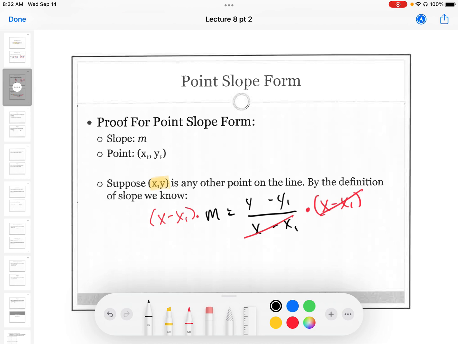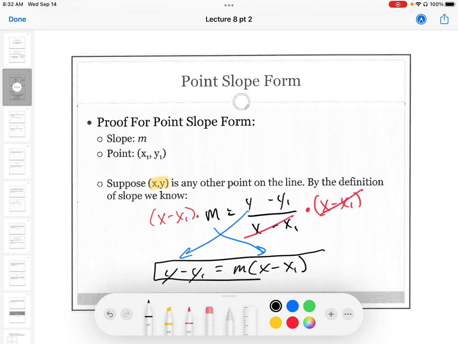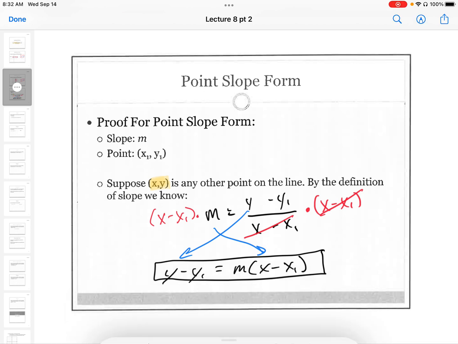Now, we typically will write that, so all I'm going to do now is change sides because we will typically write that as y minus y sub 1 equals m times x minus x sub 1. And that right there is your point slope formula. Okay, and that's what we are going to be using today, that point slope formula.